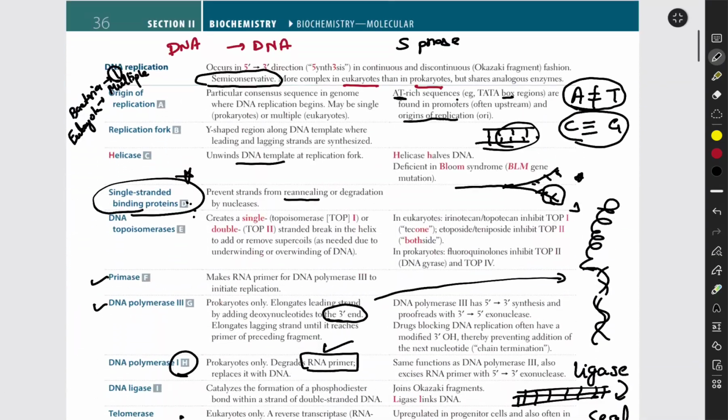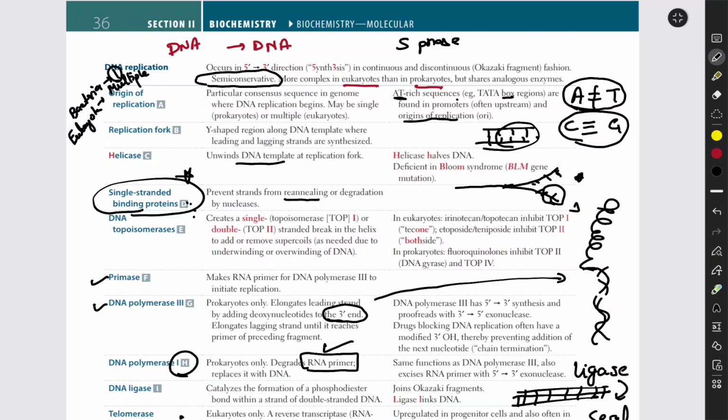So if we go over again, we realize that there are origins of replication. There are multiple origins of replication when it comes to eukaryotes, and there are AT-rich sequences specifically located upstream, and this is basically where the origin of replication occurs in bacteria.